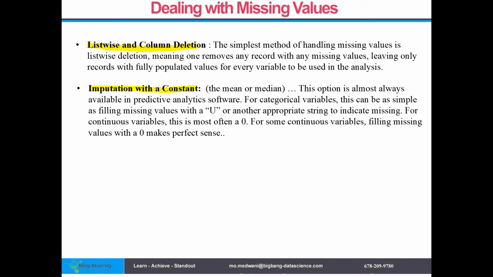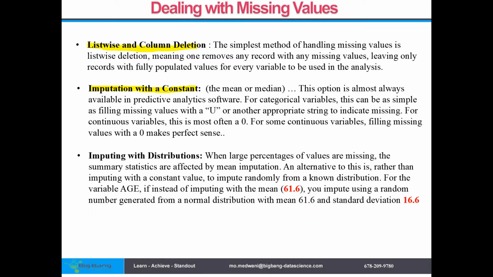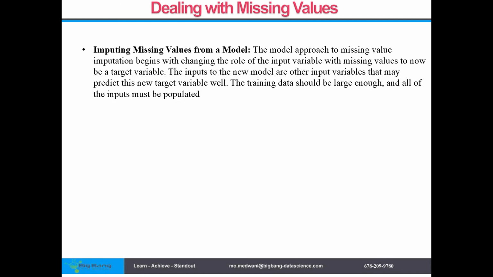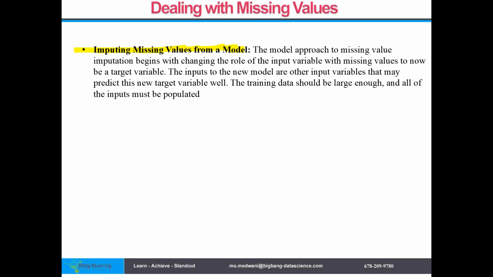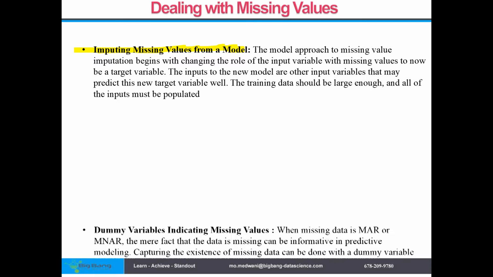Imputation with a constant for numerical data, imputation with the distribution or standard deviation for numerical data also. Then imputing missing values from a model, using machine learning to predict the value of the missing value, especially if you have a larger missing portion in the data.